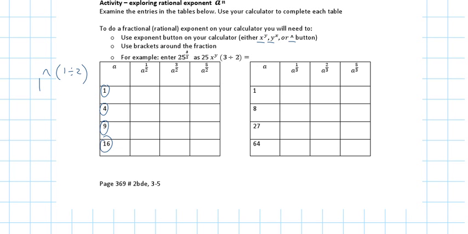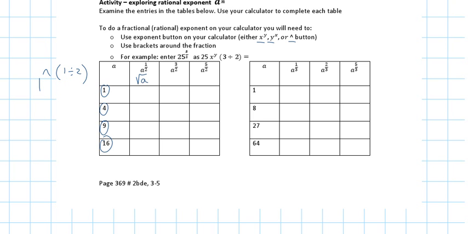The first one is 1 to the power of 1/2. That's going to give me 1, right? Can you tell me what this would be the same as doing on the calculator? Rooting the value, right? If I do the root of a, that's the same thing. So the square root of 1 is 1.